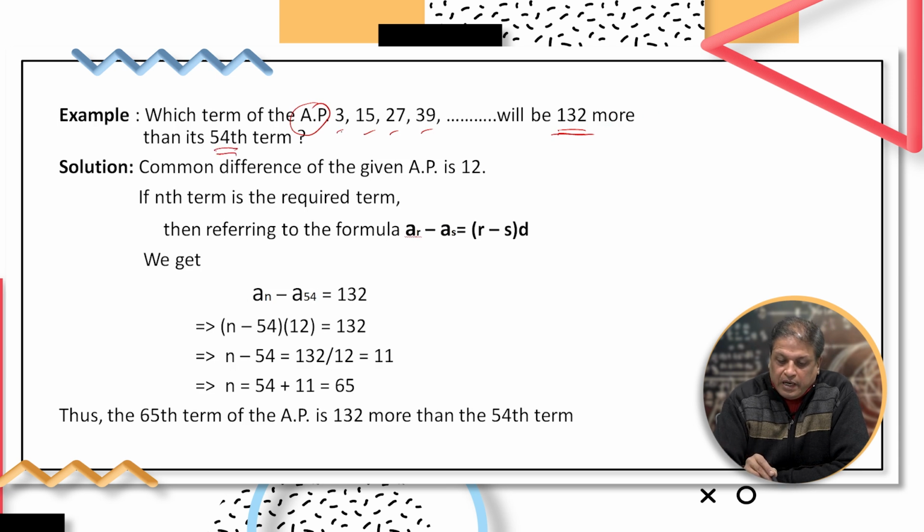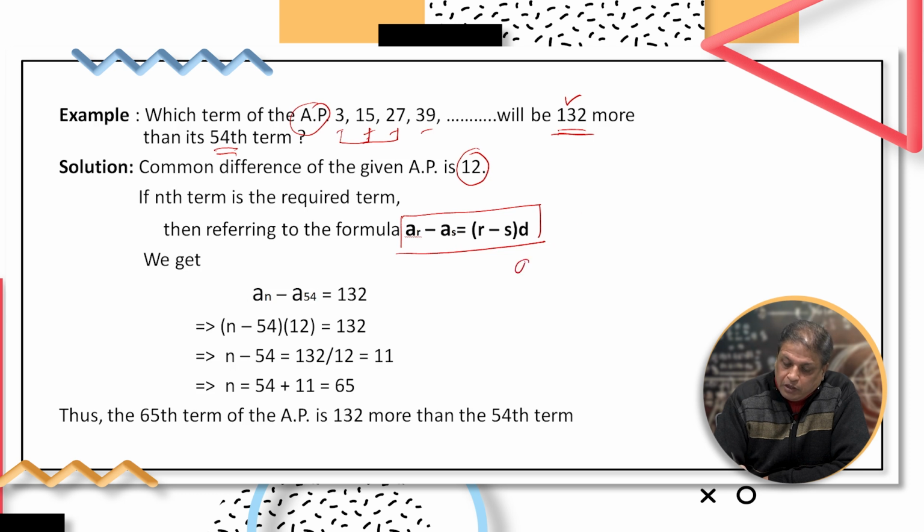Firstly, analyzing the arithmetic progression 3, 15, 27, we identified that the common difference is 12. Now the nth term is required. What is the question? Which term of the arithmetic progression will be 132 more than the 54th term? So the difference is given to you, that is 132. That is, we follow this formula, the difference between two terms.